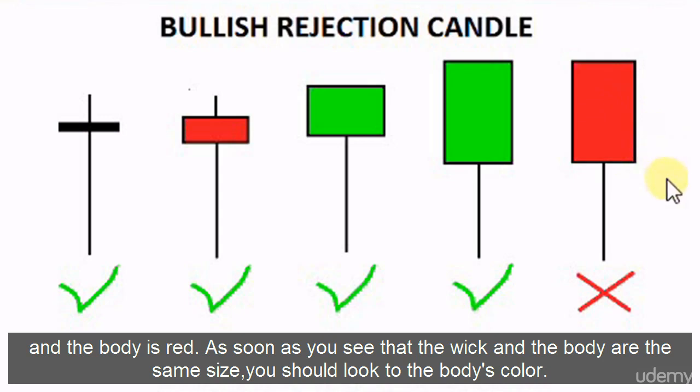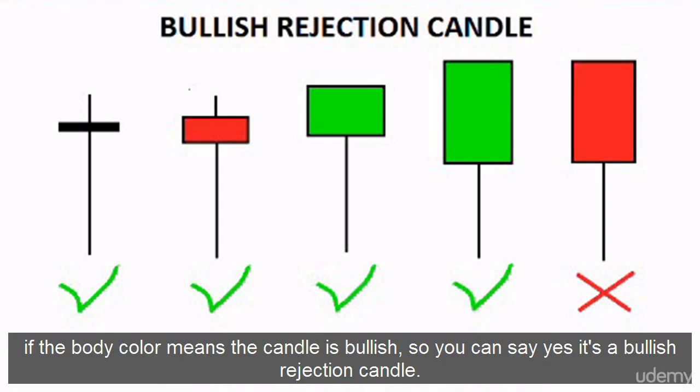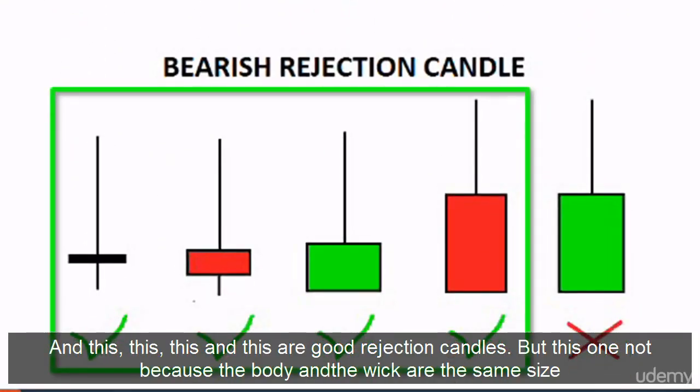Okay? As soon as you see that the body and the wick are the same size, you should look at the body's color. If the body color means the candle is bullish, then you can say yes, it's a bullish rejection candle. And these are good bearish rejection candles.